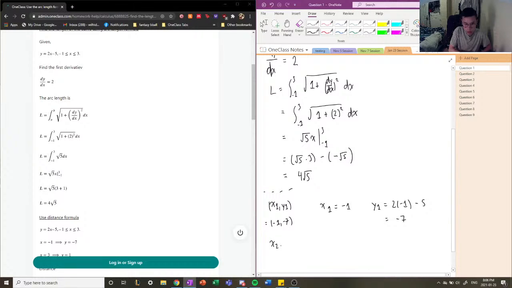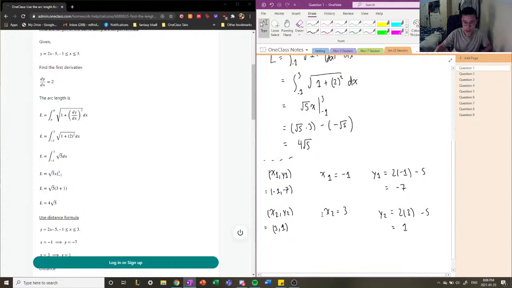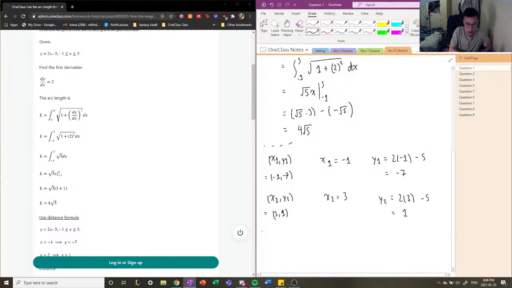And x2, y2 is going to be, so x2 is equal to 3, and y2 is equal to 2 times 3 minus 5, and that's equal to 1. So x2, y2 is 3 and 1. And now using the distance formula here, we have d is equal to the square root of x2 minus x1 squared plus y2 minus y1 squared.